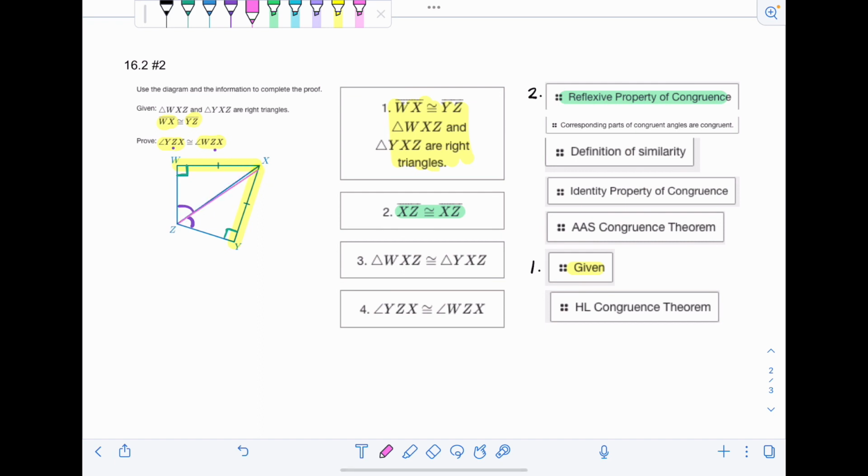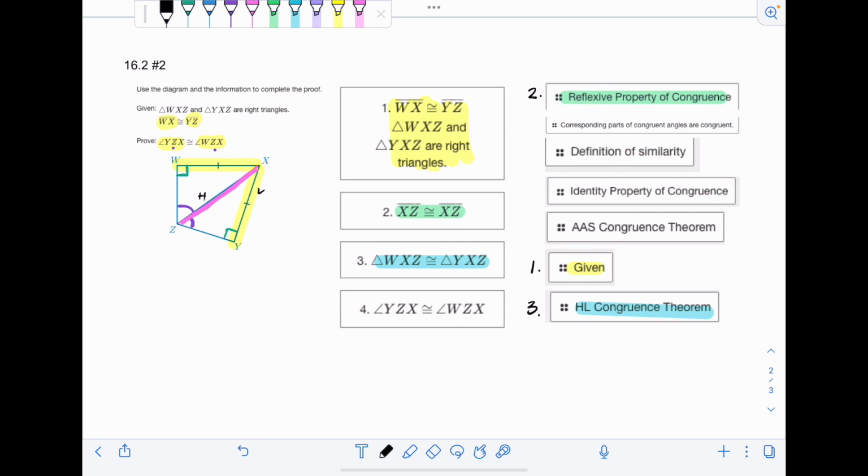So we have a hypotenuse of each triangle. If you look at the upper left triangle and the lower right triangle, XZ is the hypotenuse of both. It's the side that's across from the right angle in both. So we have enough information to do hypotenuse leg, because we have a hypotenuse that's congruent and a corresponding leg that's congruent. So that's enough to say that the two triangles are completely congruent by the hypotenuse leg theorem.